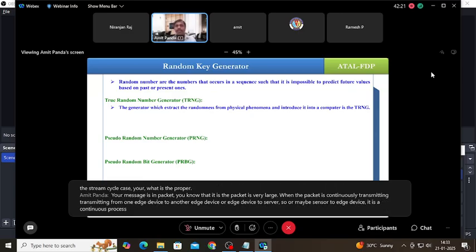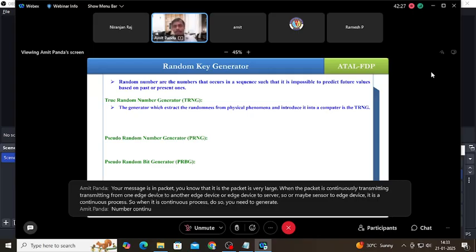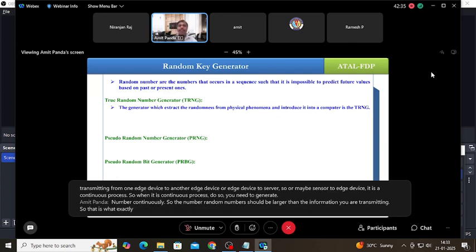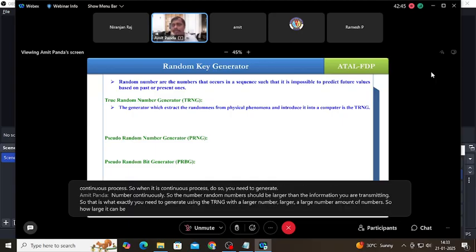So you need to generate your random numbers continuously. The random number stream should be larger than the information you are transmitting. That is exactly what you need to generate using the TRNG, a larger amount of numbers. How large? It can be millions, it can be billions.